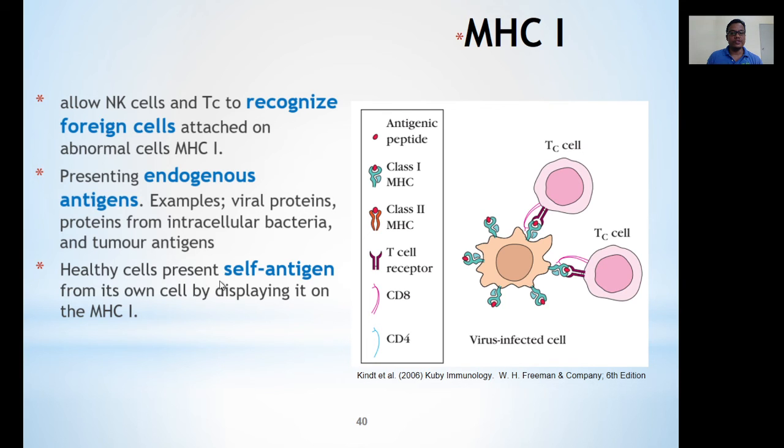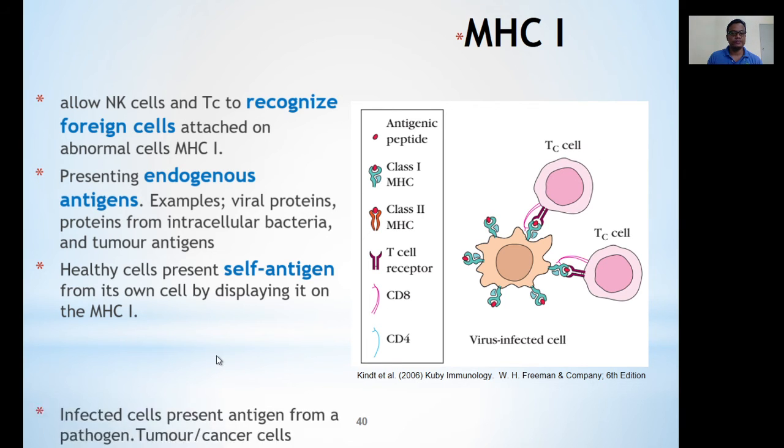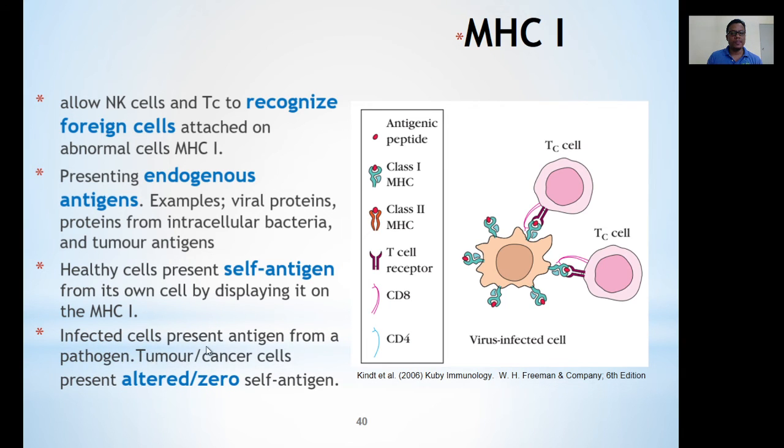Healthy cells will present self-antigen from their own cell by displaying it on the MHC. So if the cell is healthy, it will still display the antigen, but it will display the normal antigen to be recognized by the T cells. Infected cells present antigen from a pathogen, or a tumor cancer cell will present abnormal or altered self-antigen, or they will not even show any antigen on the MHC.